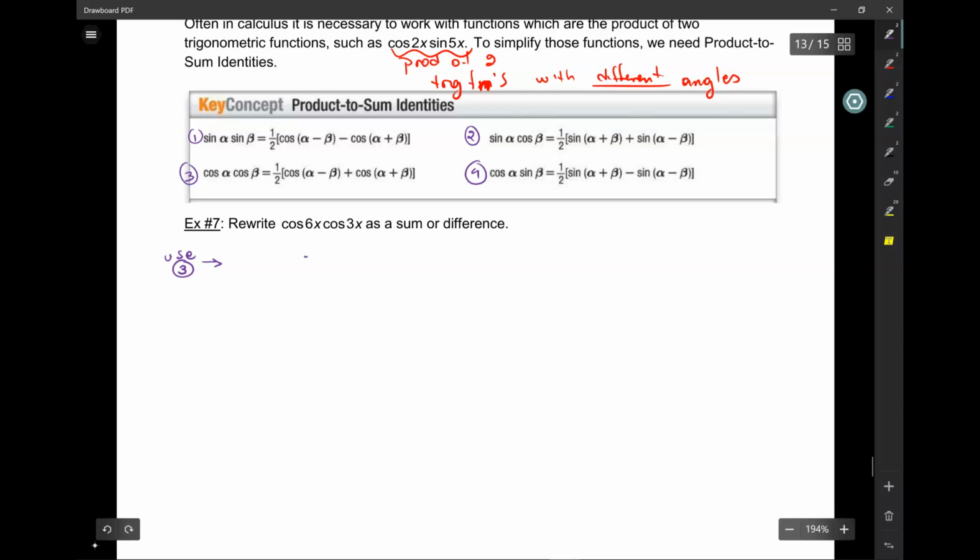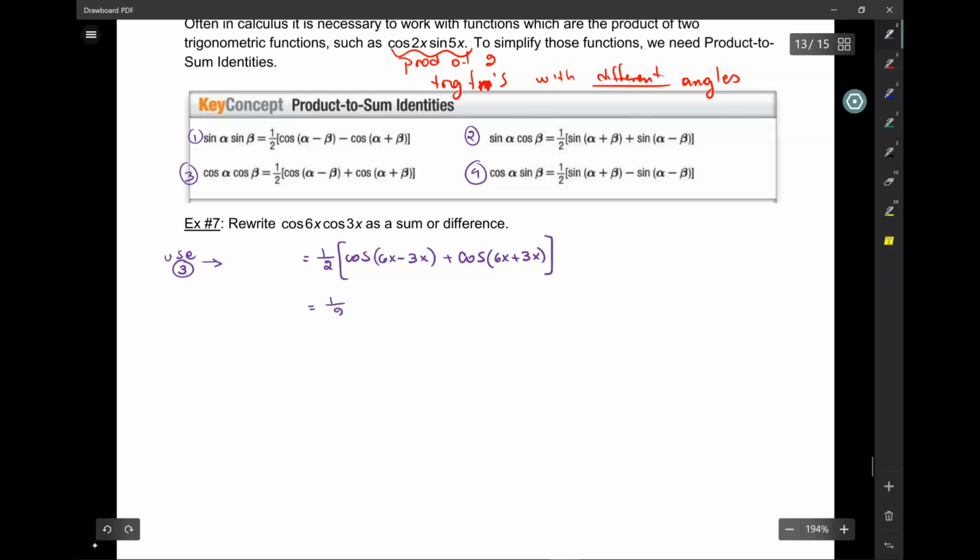So that's going to equal 1/2 of cosine alpha minus beta, so 6x minus 3x, plus cosine 6x plus 3x.